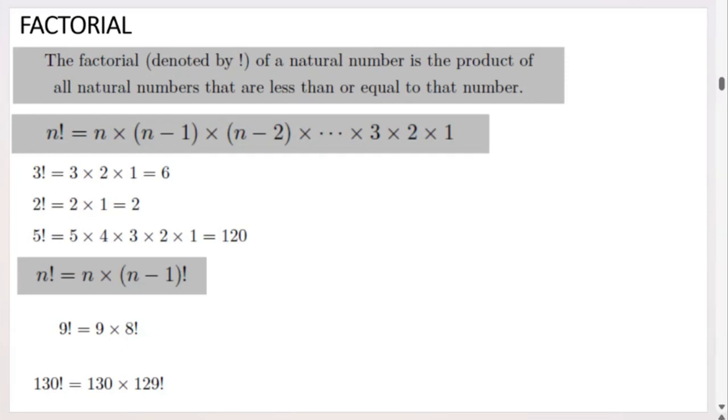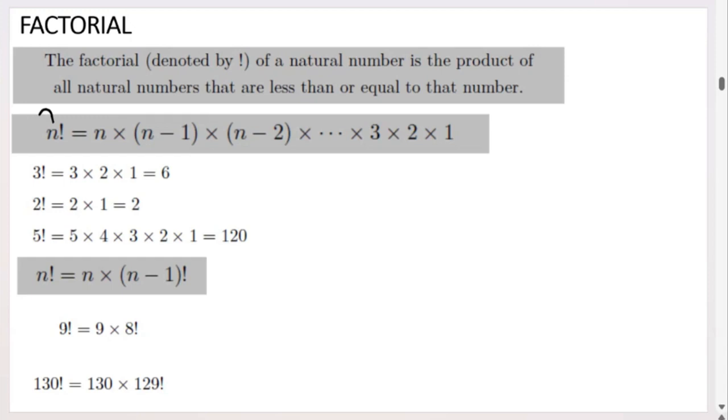It is denoted as the factorial of a natural number. Remember, the natural numbers are those numbers 0, 1, 2, 3, 4, 5, and so on. The factorial of a natural number is the product of all natural numbers that are less than or equal to that number.